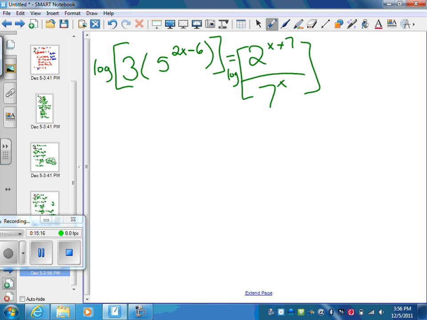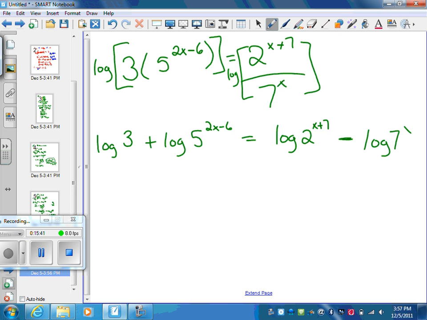Okay, so I see something's multiplied and divided. That's going to tell me I'm using my log laws. So the product rule tells me that this is the same as log 3 plus log 5 to the power of 2x minus 6. This is the same as, because we're dividing, log 2x plus 7 minus, I'm dividing, log 7x.